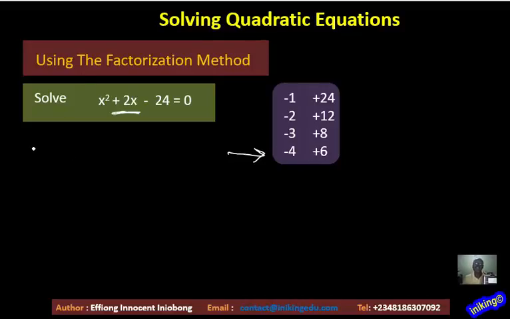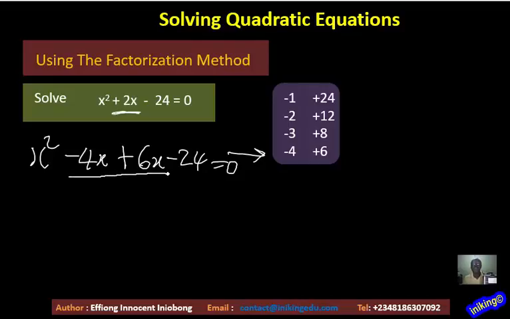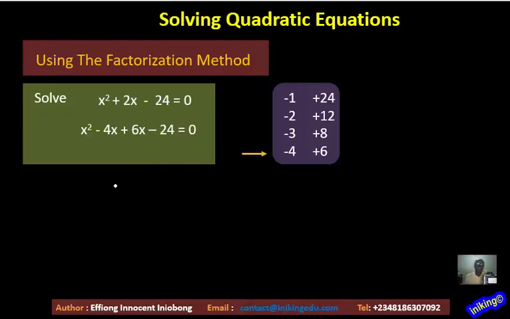So in place of plus 2x, we will now have x squared, throw away your plus 2x and bring in minus 4x plus 6x minus 24 equal to 0. So minus 4x plus 6x has come in to replace plus 2x. As I've always said, this is the most important step using the factorization method.